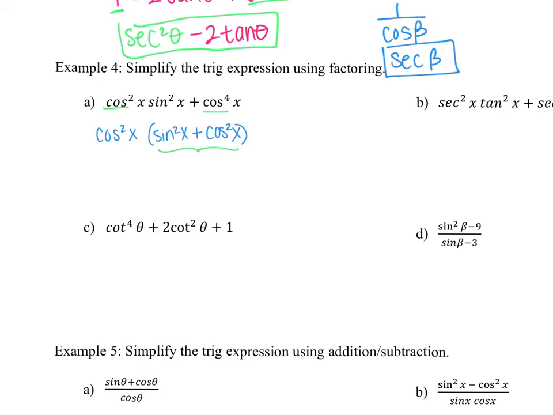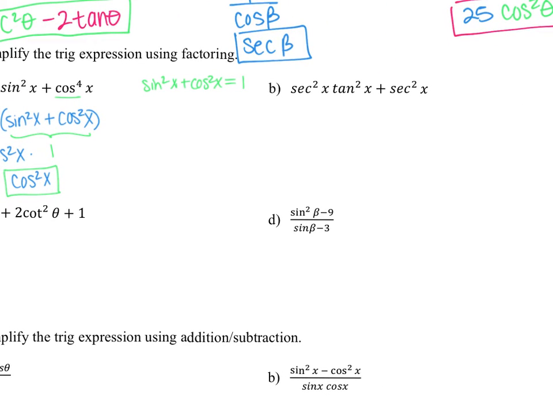This here is sine squared plus cosine squared. Anytime you have sine squared plus cosine squared, that's the Pythagorean identity, and it's equal to 1. So if I bring down cosine squared and multiply, this just gives me cosine squared. And that's it, because I can't really simplify that any further.